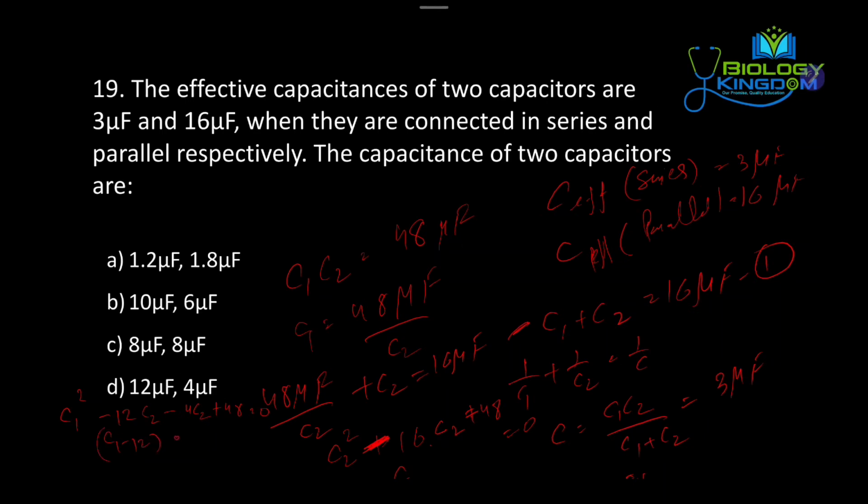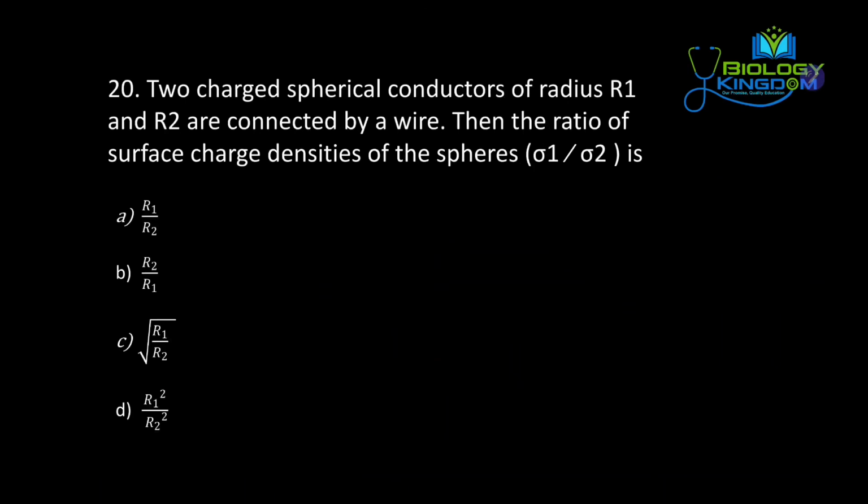On solving we will get C2 minus 12 and C2 minus 4. So the values of capacitance will be 12 and 4. So option D is the right answer.